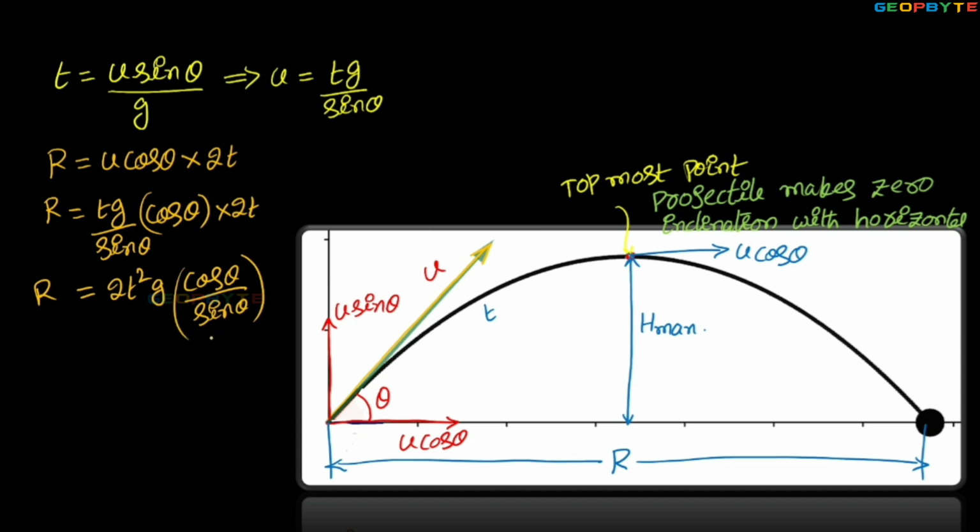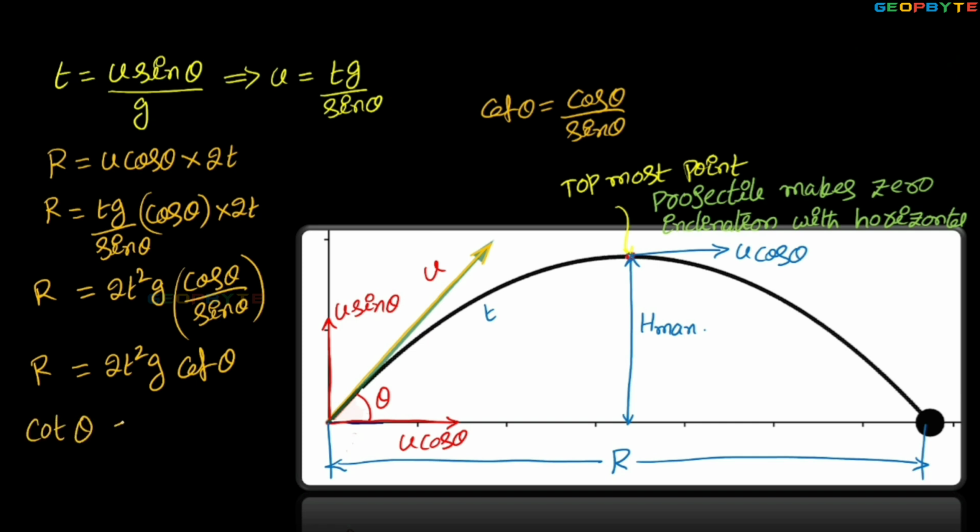What is cos theta by sin theta? Cot theta. Cot theta equals cos theta by sin theta. Simple mathematics. From this, R equals 2t square g into cot theta. From this, cot theta equals range by 2t square g.